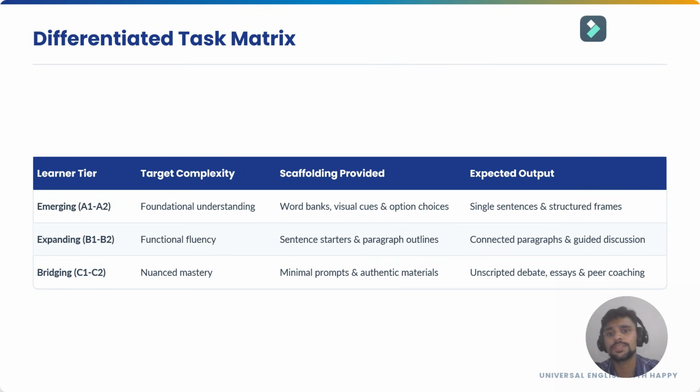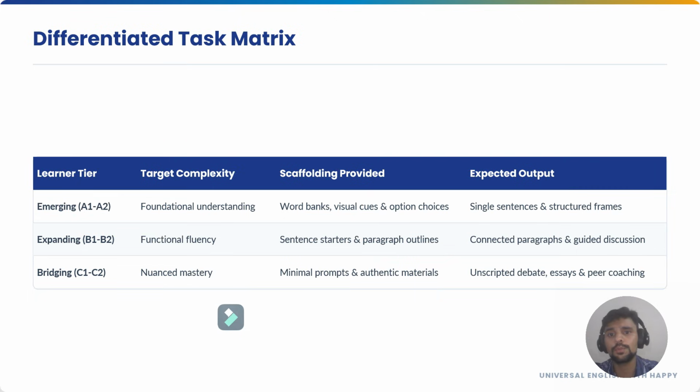And here we could expect the output to be really simple sentences like, I use my phone for this purpose because it is this.